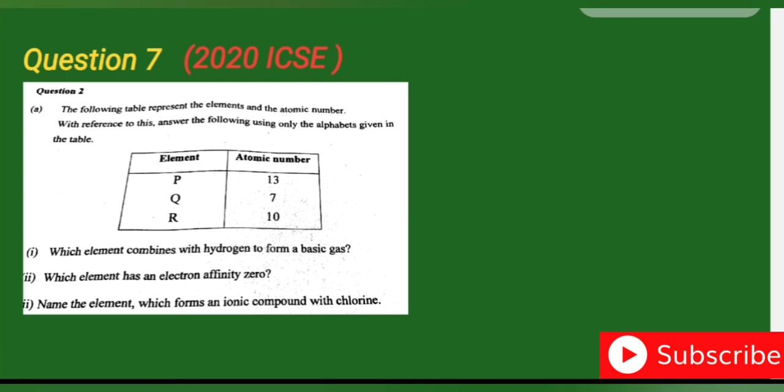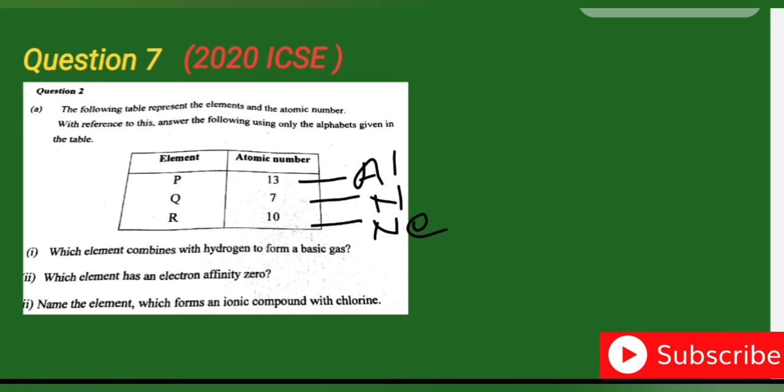Which element combines with hydrogen to form a basic gas? Okay. So atomic number 13 we know is aluminium, 7 is nitrogen, and 10 is neon.